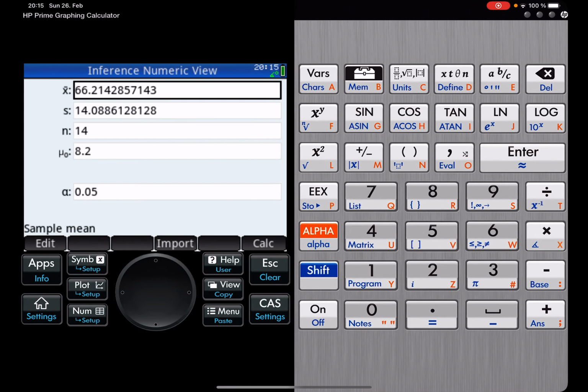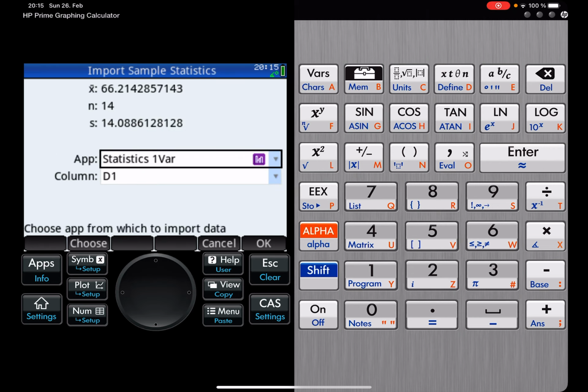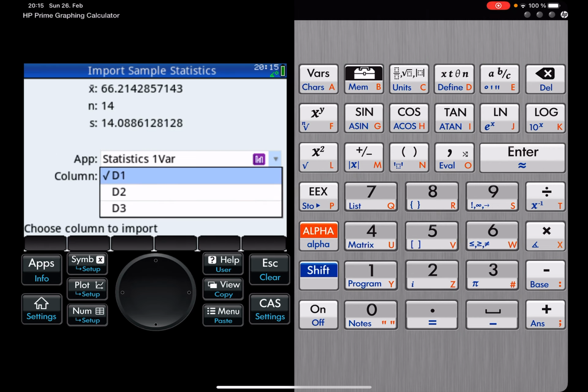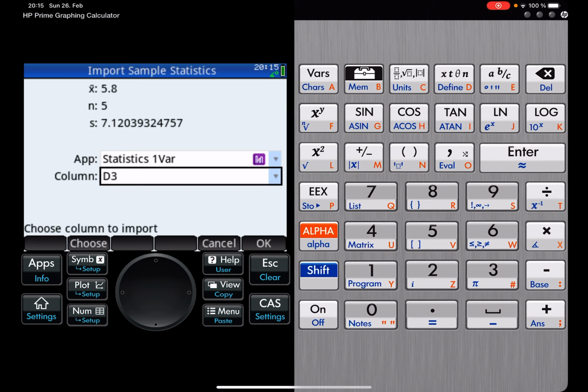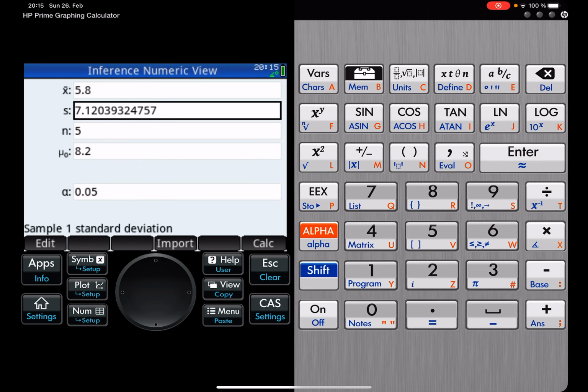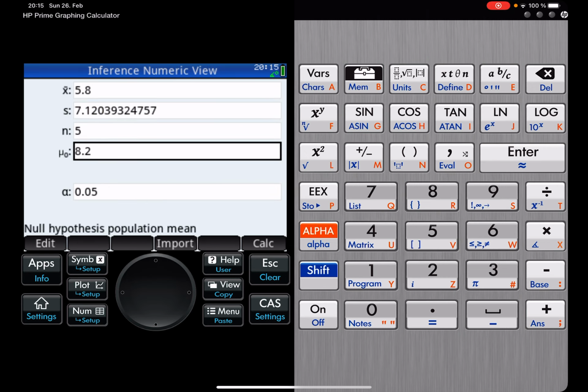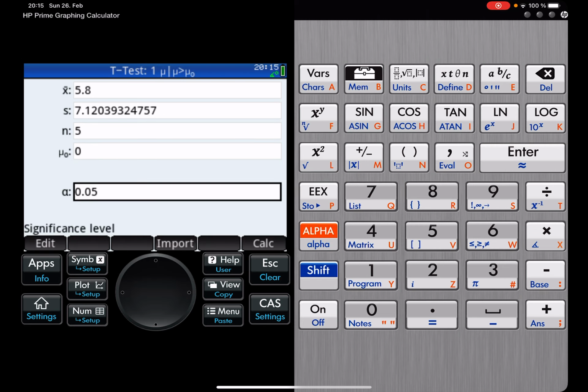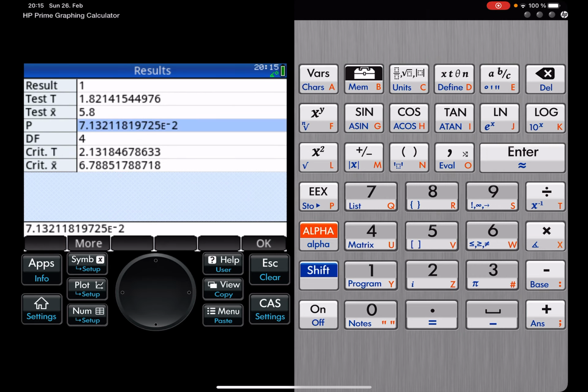So I've pressed the num button or the table button. I can input my data. I think I put it into column 3. Yep, there's my 5 pieces of data. Okay, so that's filled out the top 3 sections. The null hypothesis is 0, as we said, and there's the significance level. And now we can calculate it.